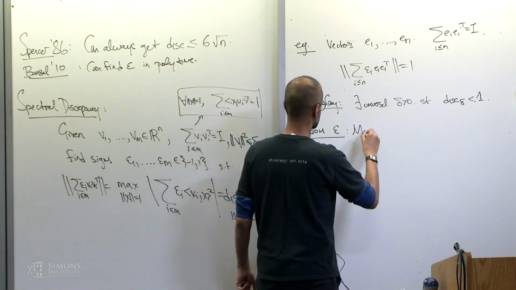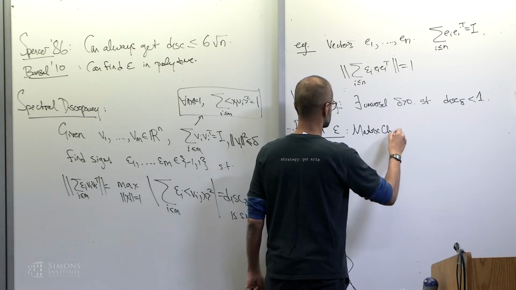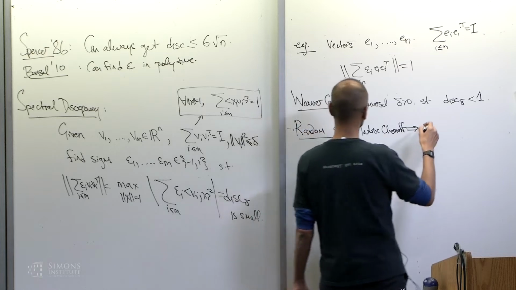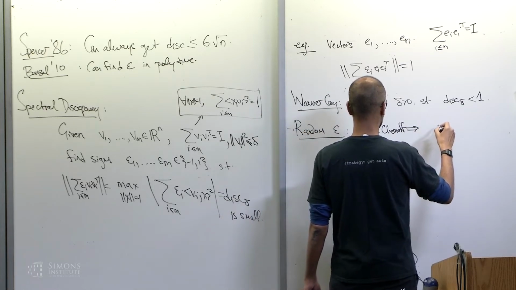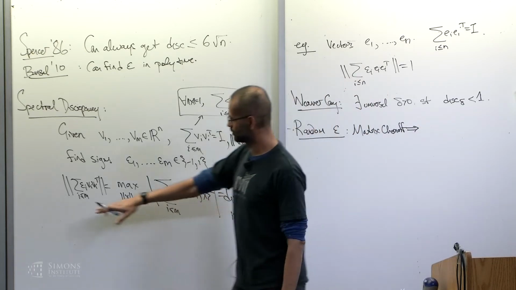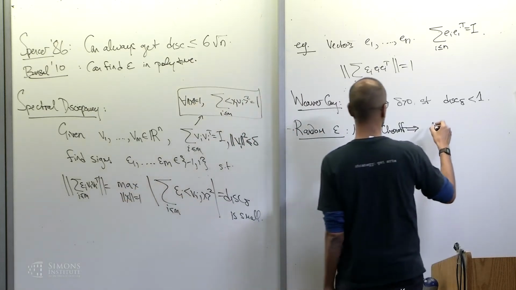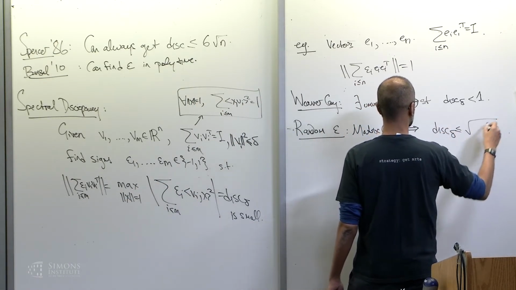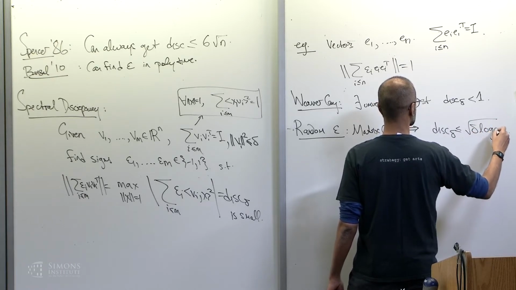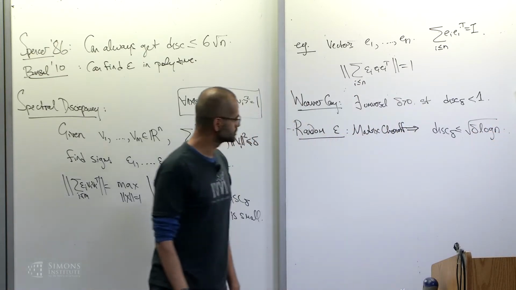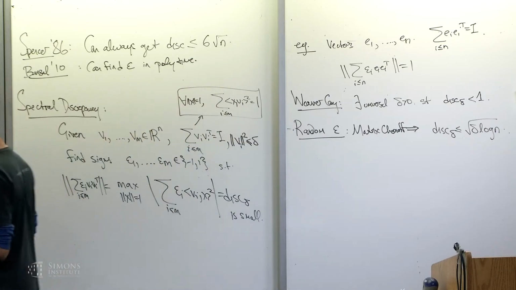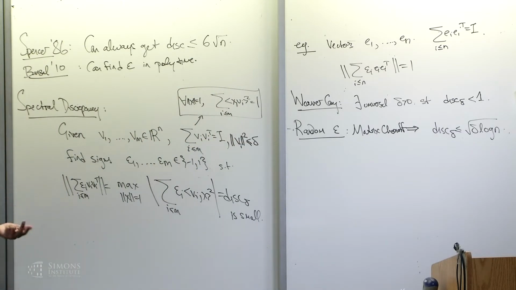And matrix Chernoff implies that the norm of this random matrix is always bounded by square root of delta log n.